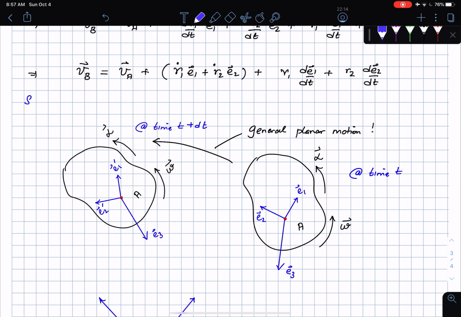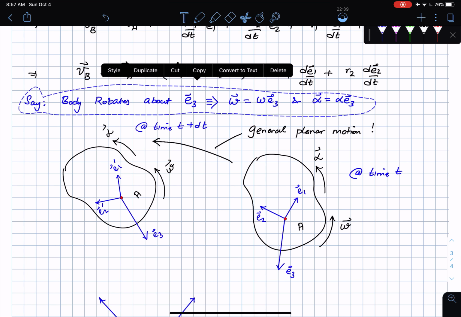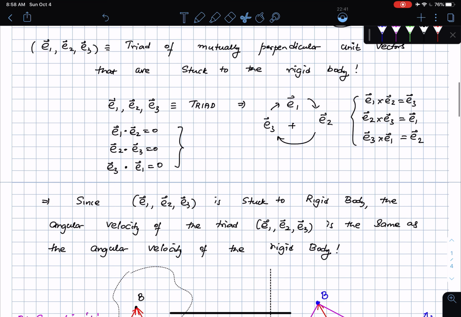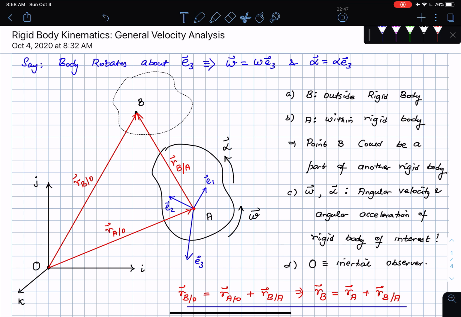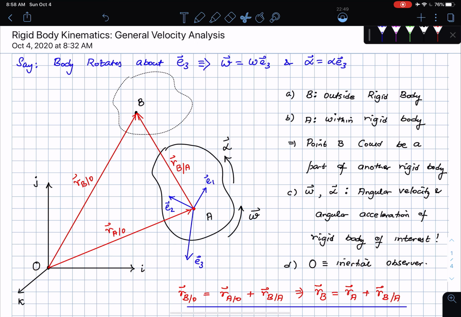So let us say the body rotates about the E3 direction, which means that omega is going to be omega E3 and alpha is equal to alpha E3, and that's something that I will also write at the beginning of the derivation, so that we have it in multiple places. So let me assume that the body rotates about the E3 direction.